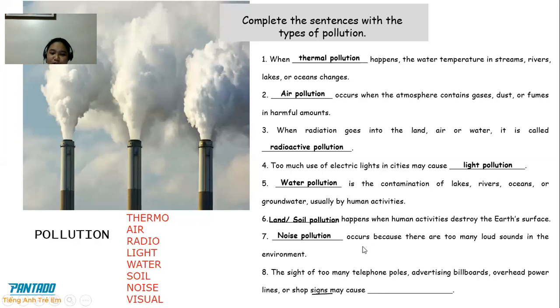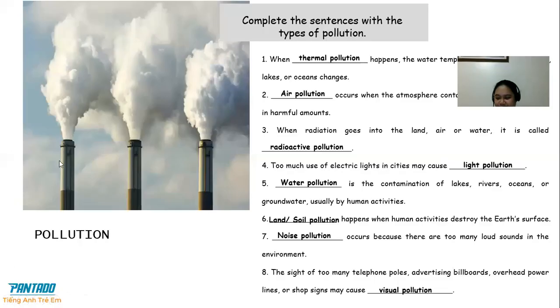Number seven, noise pollution occurs because there are too many loud sounds in the environment. And number eight, the sight of too many telephone poles, advertising billboards, overhead power lines, or shop signs. Hello? Hello. I'm sorry, the Zoom got cut out.